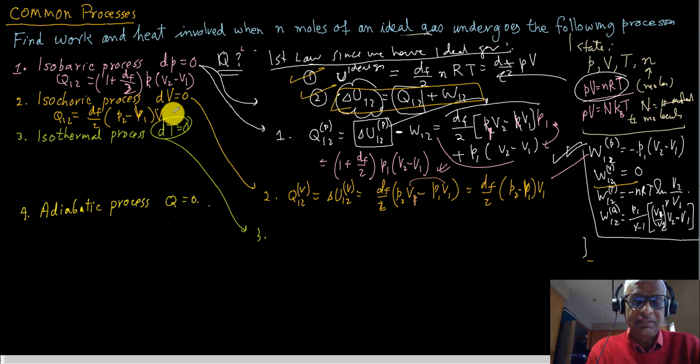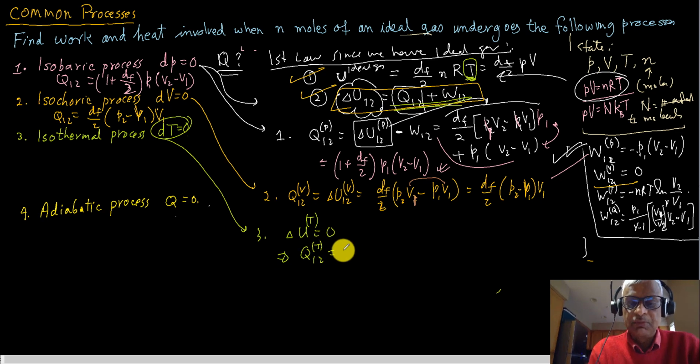For this, delta U will be 0, because if the temperature doesn't change, the delta U of an isothermal process will be 0. So that means Q12 for the isothermal process will be minus W12, and we already got that answer.